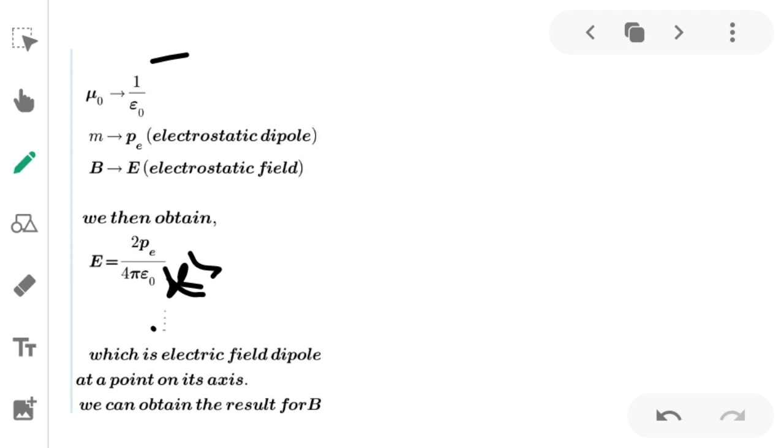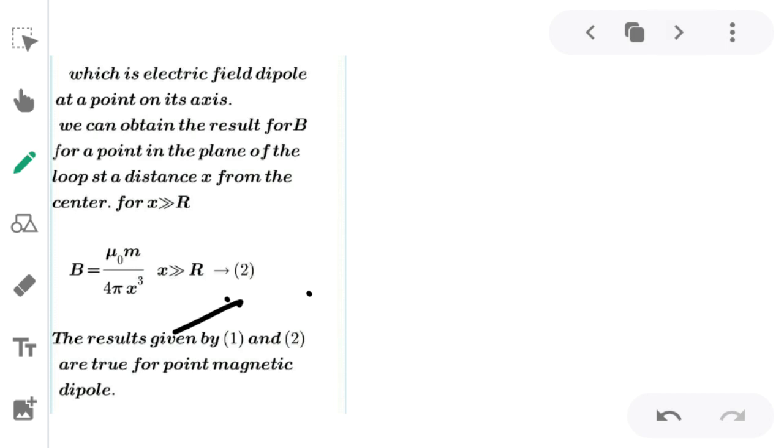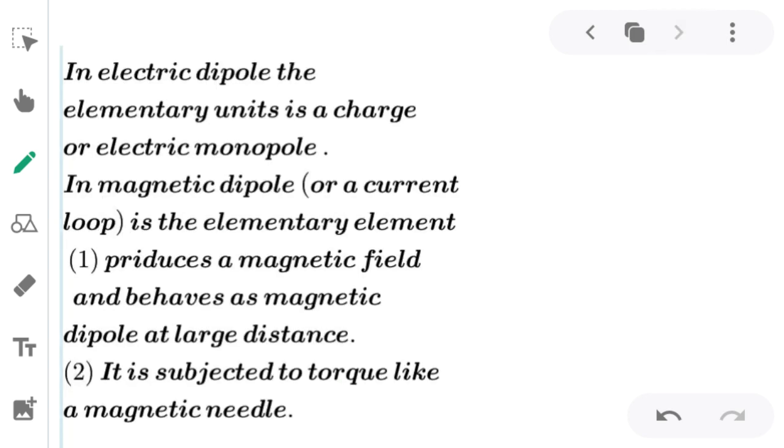This is the electric field of a dipole at a point on its axis, and we can obtain the same result for B. So B is mu naught m by 4 pi x cube. From these two results, we have the point magnetic dipole.